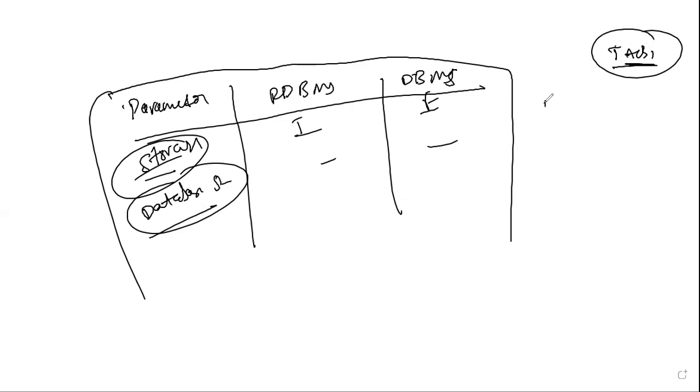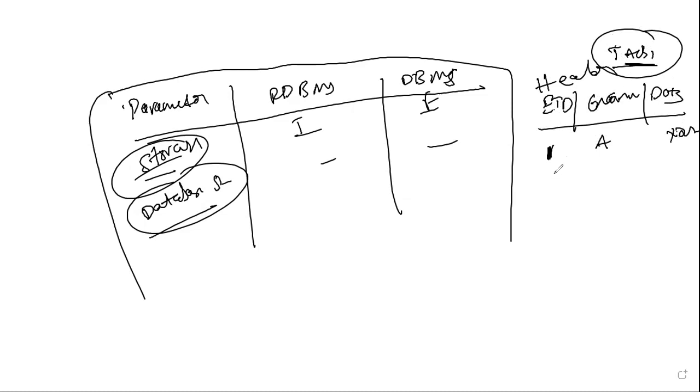This table 1 contains employee ID, employee name and employee data. These are the headers, right? The data for these headers comes in the rows. So for employee ID 1, the name will be A and the data will be XYZ. Next, employee ID 2, the name will be B, and the data is XYZ.